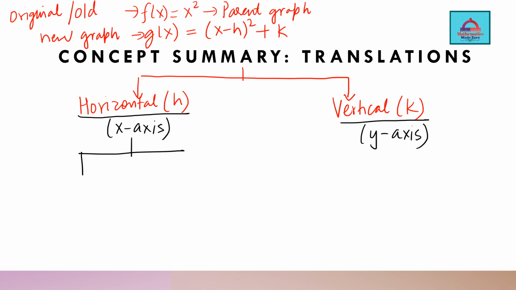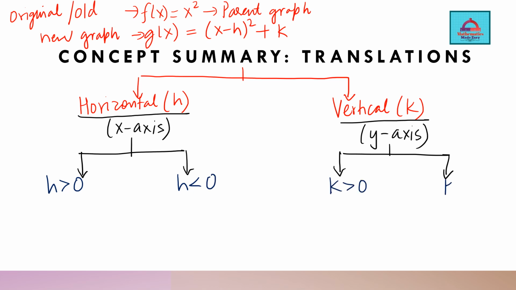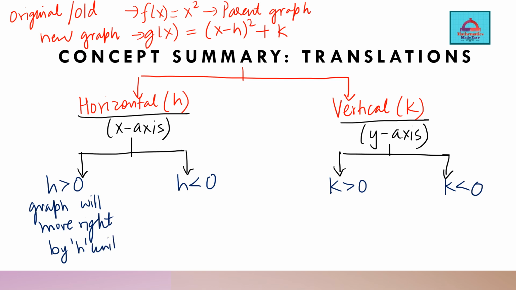Now, there are two cases in each of them, in horizontal also, in vertical also. So let's change color and write them. One case h is positive, next case h is negative, k is positive, k is negative. If h is positive, the new graph will move right by h units.